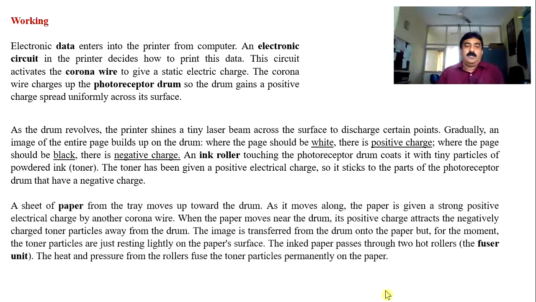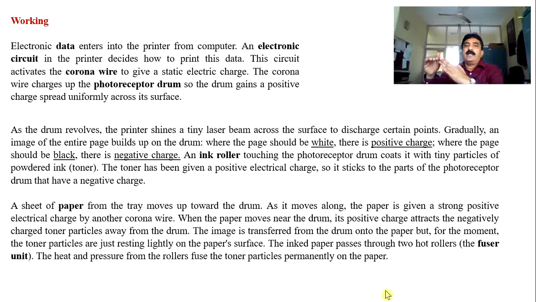Okay, now the laser printer, of course, is a little bit lengthy, the writing part is a little bit lengthy, but there is no option. So first data comes from the computer, enters the circuit, the circuit will activate the corona wire and laser. The corona wire will charge the drum positively, the laser will remove the positive charge at the selected place, and then ink from the toner gets attracted by the drum.